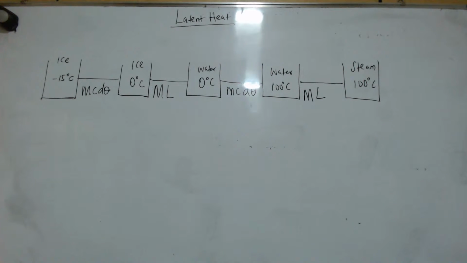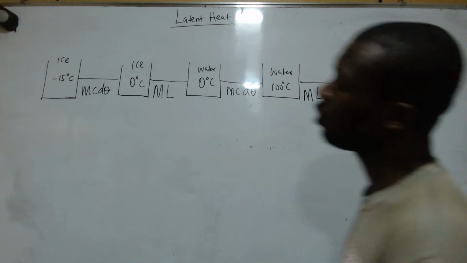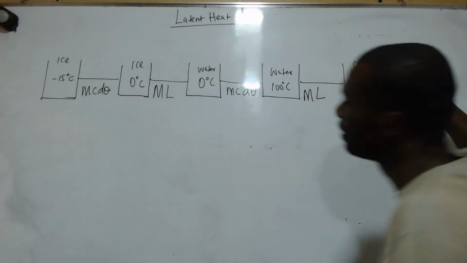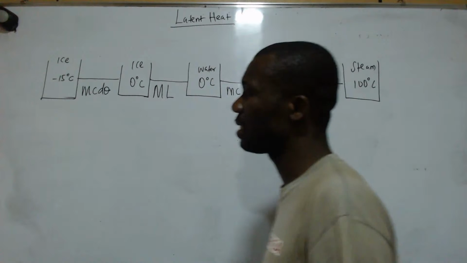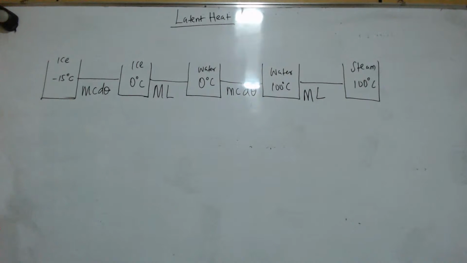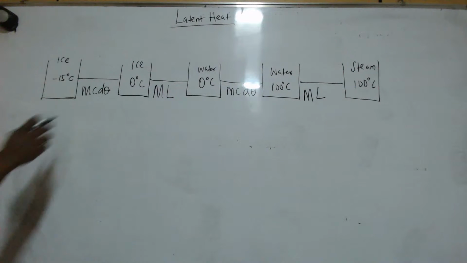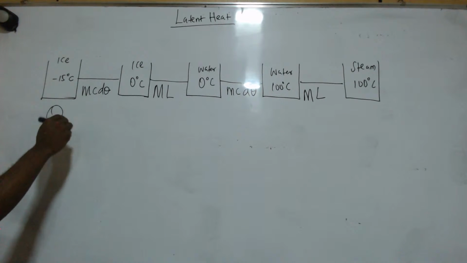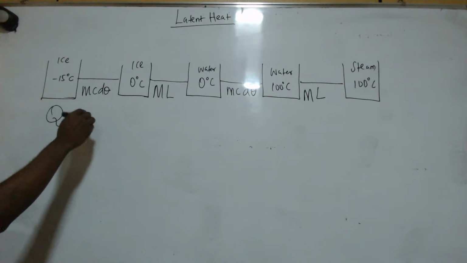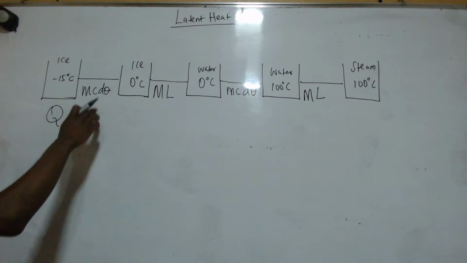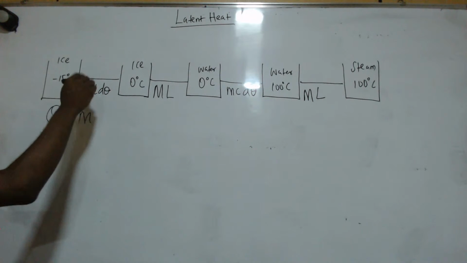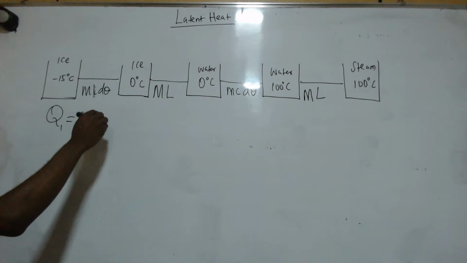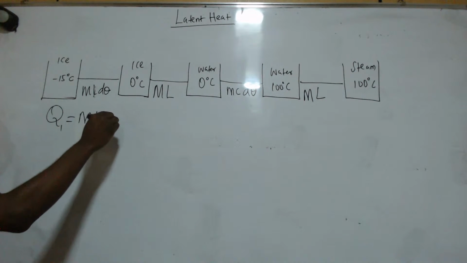So in this case, we can be asked to calculate the quantity of heat supplied to a system like this. In that case, we know that the quantity of heat here, let's call it Q1, will be mass times specific heat capacity of ice times change in temperature.